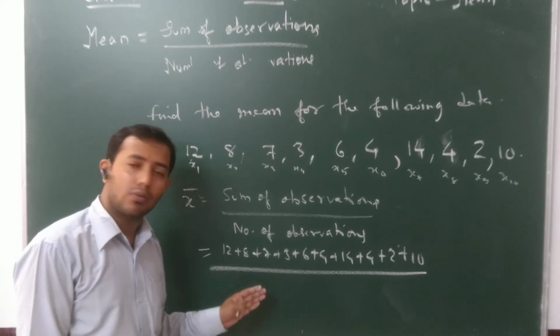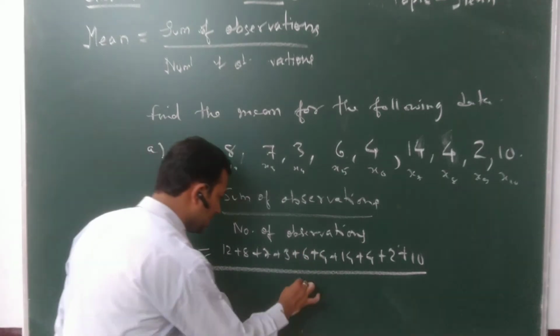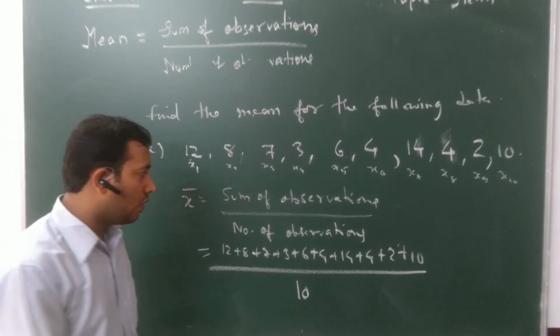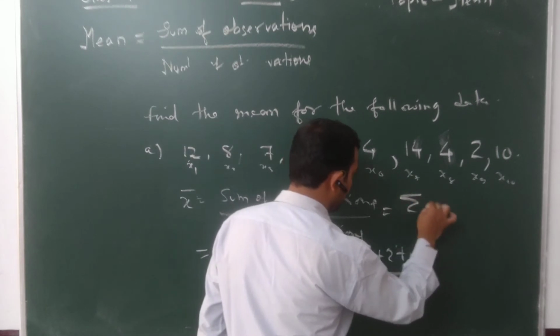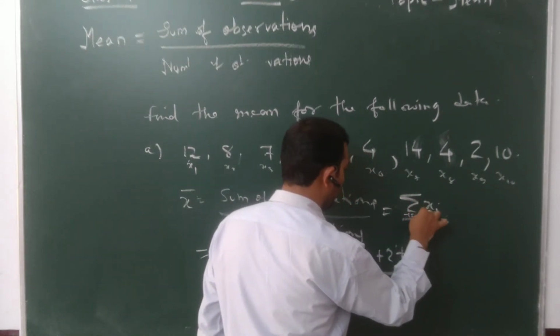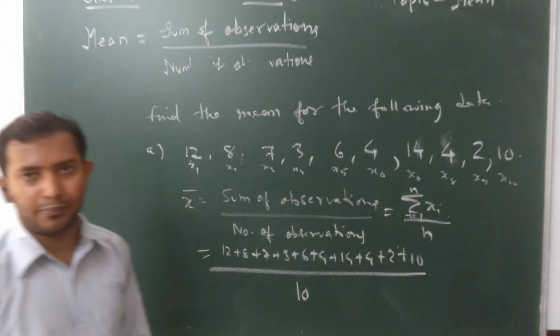So here, how many observations are there? 10. Now if you use this formula, or if you use summation xi by n, both are the same.